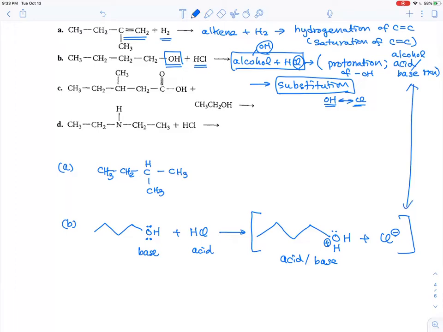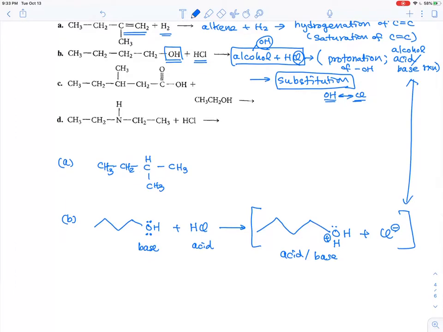But once you have this, what's going to happen is this one has lone pairs, and this carbon connected to here is experiencing the partial positive charge, because this is a good leaving group.